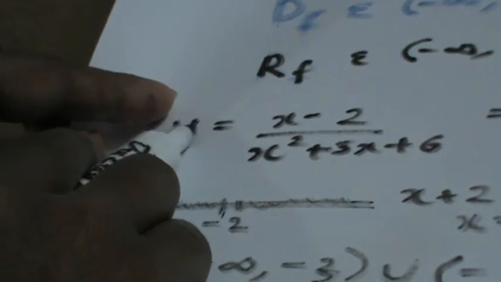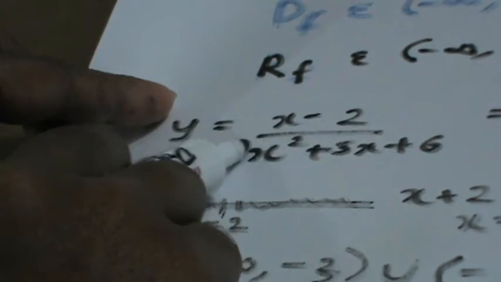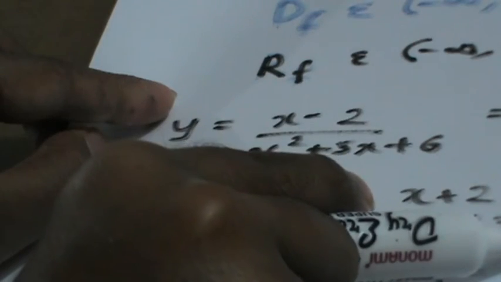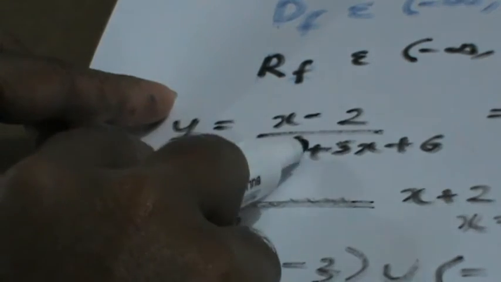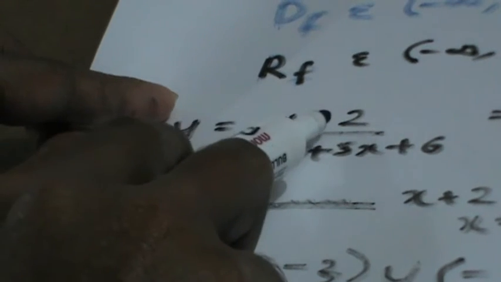So when you substitute any value for x other than minus 2 and minus 3, you can get any value for y, whether negative or positive. x minus 2 is not a limiting factor. x squared plus 5x plus 6, with x equals minus 2 and x equals minus 3, is the only limiting factor. So you can take any value other than minus 2 and minus 3 for x, substitute and see what values y can get.